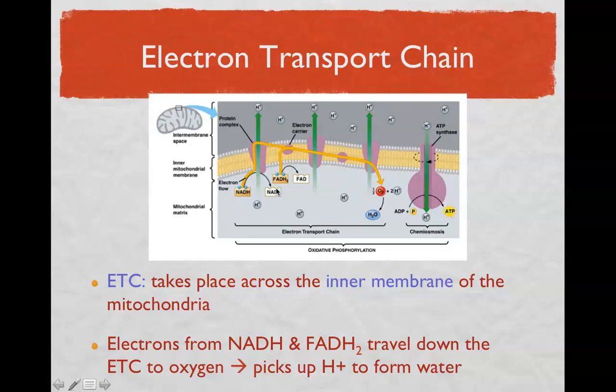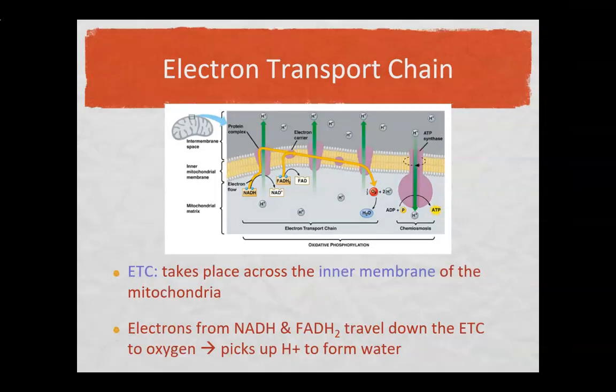So not only am I pulling the hydrogens off of these electron carriers, but I'm using the electrons that are associated with them to keep providing me energy to make that concentration gradient. What that's going to do then is allow us to have a concentration gradient sitting in that inner membrane space.